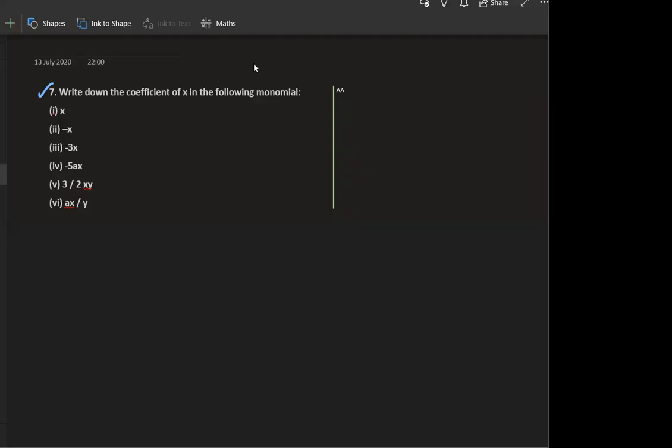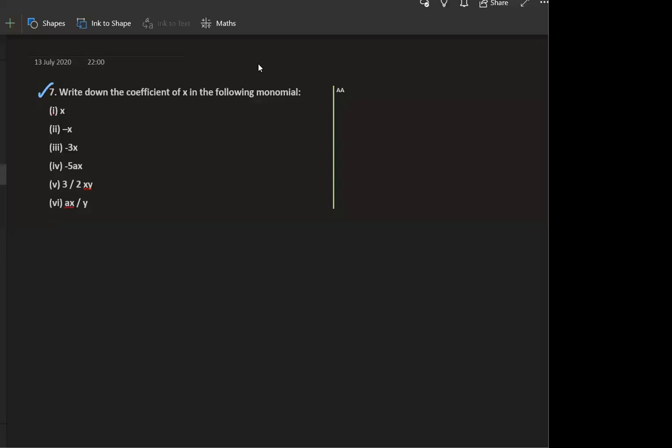So we have to find the coefficient of x in each and every case. Students, yesterday I told you the meaning of coefficient. Again, I'm telling you. Coefficient means the number, or basically what is multiplied with the particular thing of which we have to find the coefficient.